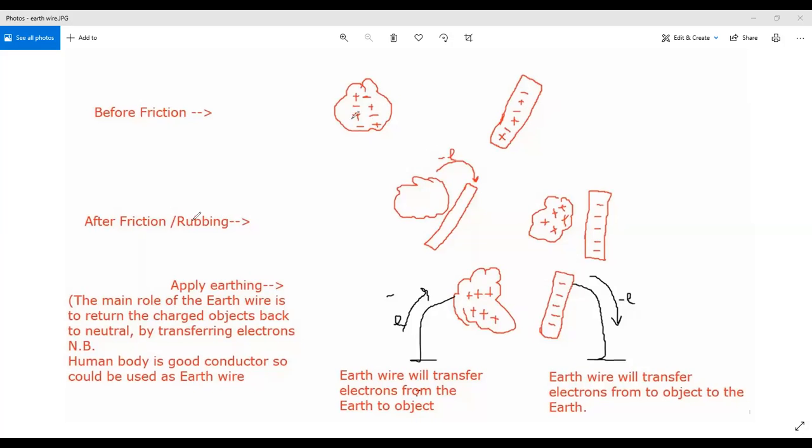And then after friction or rubbing between them, the cleaner is now moving the cloth, making a friction or a rubbing with the plastic. So what will happen is that the electrons will start to move from one substance to another, from the piece of cloth to the plastic, or vice versa.